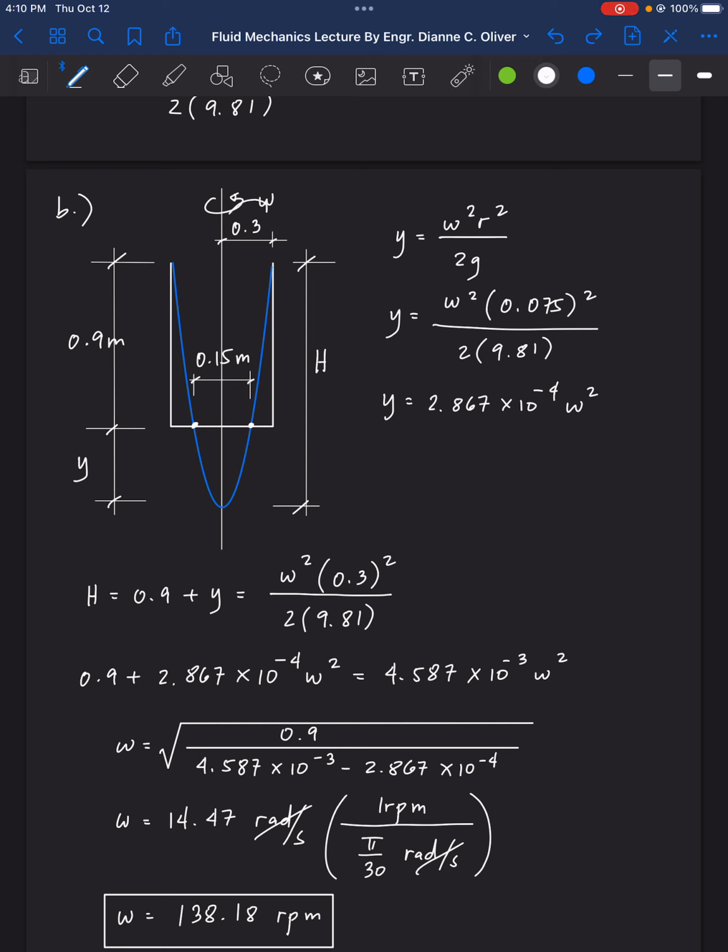So r squared of the bigger divided by h is equal to small r squared divided by the height, that is y. So that is 0.3 squared all over h is equal to 0.075 squared all over y.